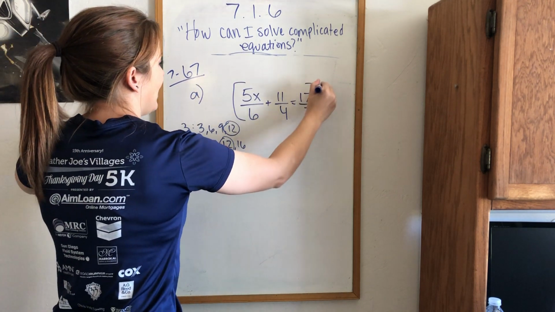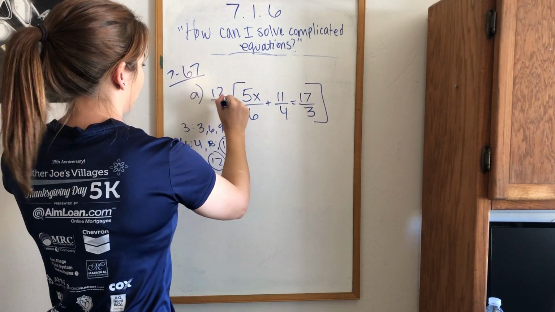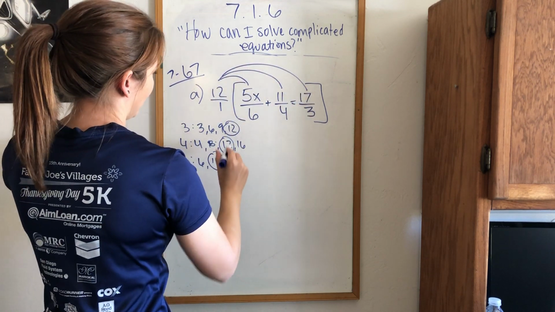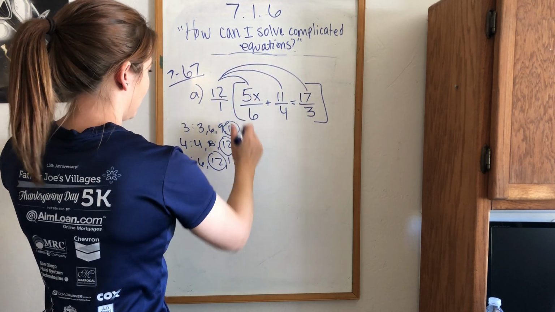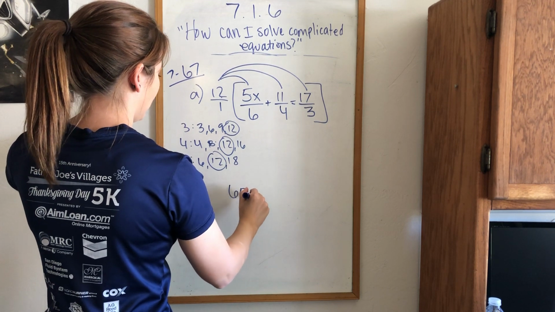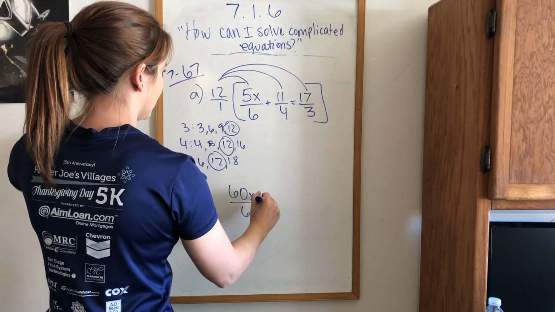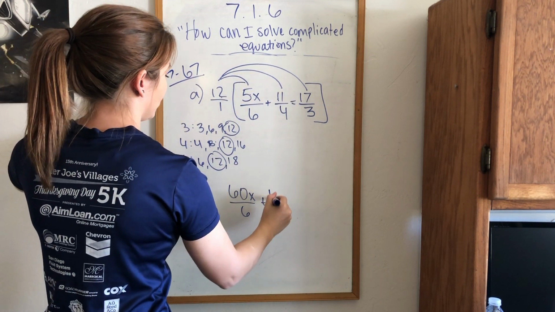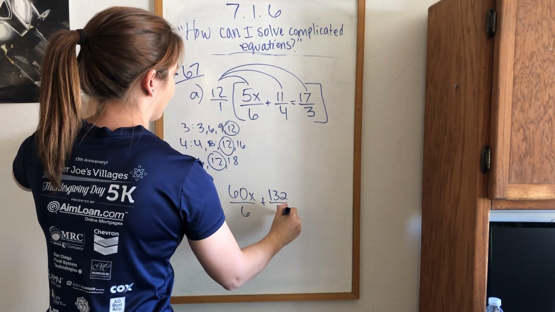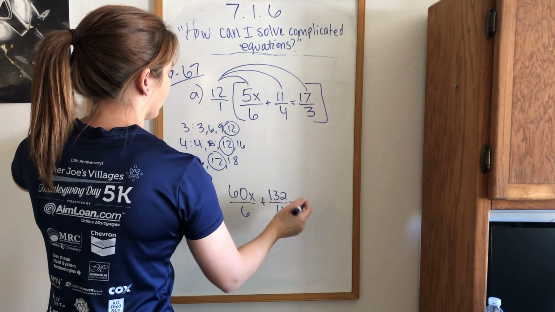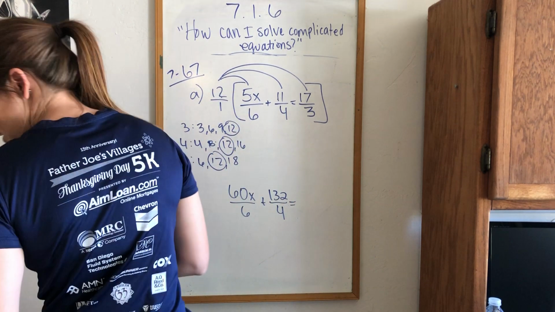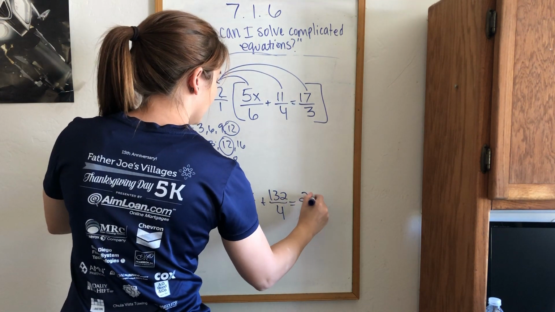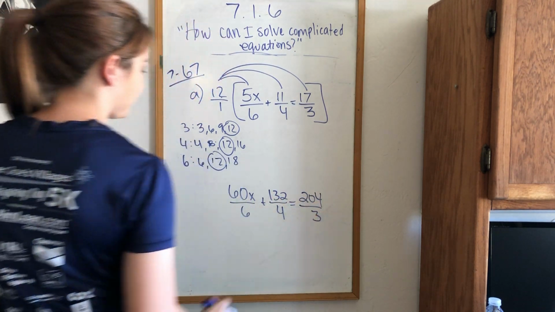So if I multiply everything in the equation by 12, let's do that. 12 times 5 is 60. Keep the x over 6. Plus 12 times 11 is 132 divided by 4, because you keep the 4 on the bottom. 12 times 17 is 204 divided by 3.